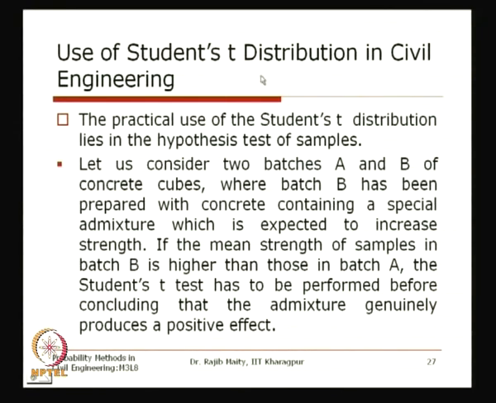So, the use of the student t distribution. Again, we are discussing it with respect to civil engineering, but the applications of all these 3 distributions, student t, chi-square and F distribution, are more general in nature. The practical use of the student t distribution lies in hypothesis tests on samples, particularly for the sample mean. If 2 samples are available to us with 2 different means, the target is to estimate which mean is more and which is less.